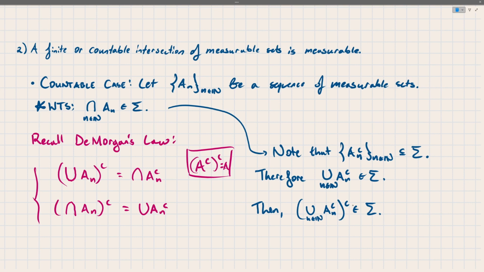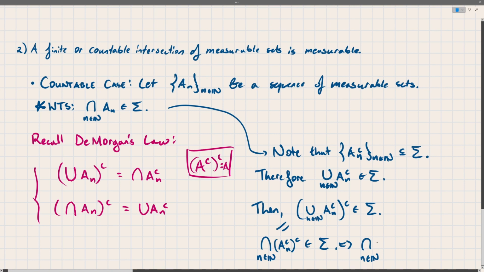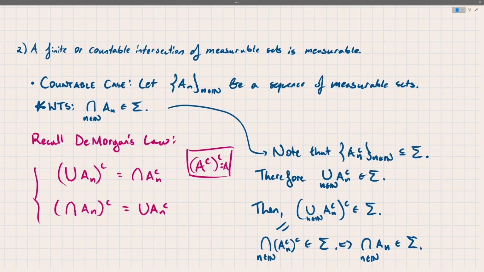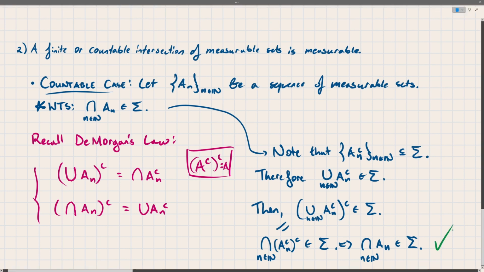So when I compute this complement from the outside, what I get is the intersection over n in the naturals of A_n complement, and remember, we already have a complement in here, so we're taking this double complement. We know that this is an element of sigma. But like I just said, the double complement will cancel out. That's actually just the intersection over the naturals of A_n, and that is an element of sigma. And that proves the countable case, which is the closure of sigma algebras under countable intersection. So we're done with that.